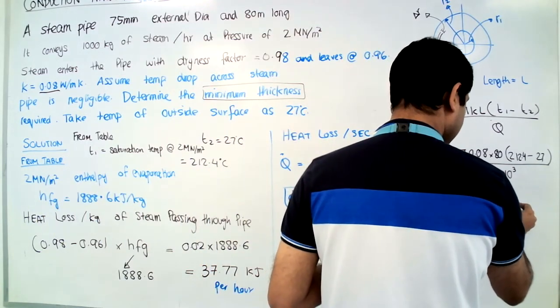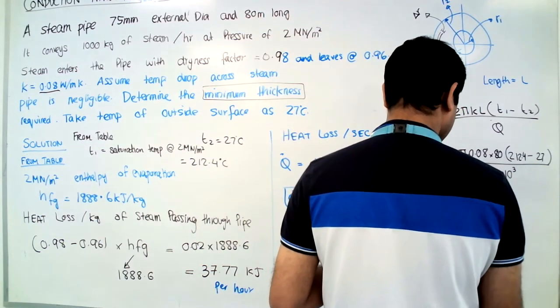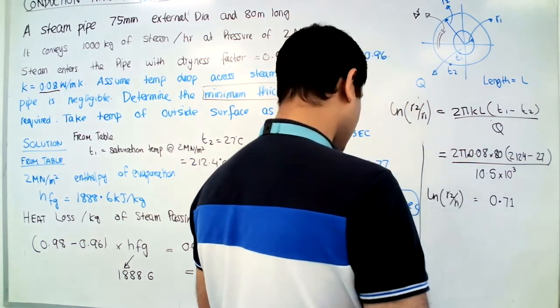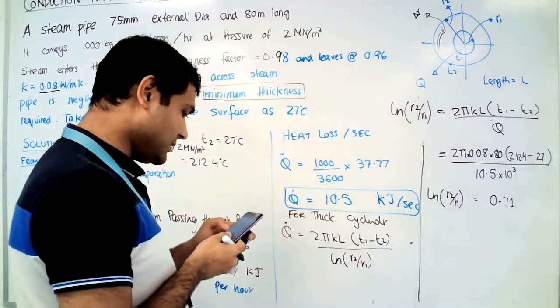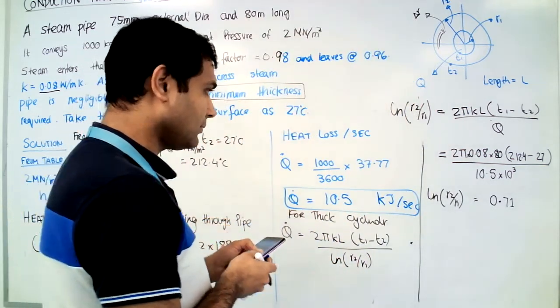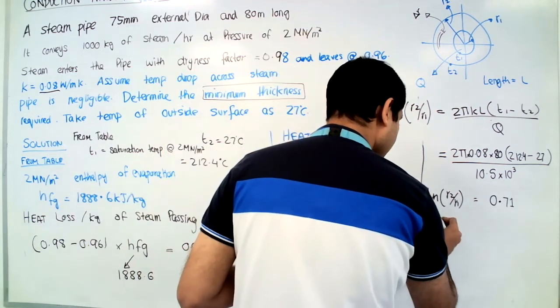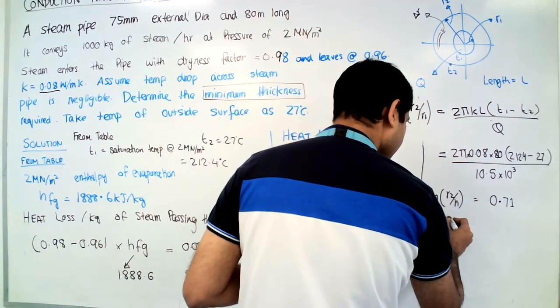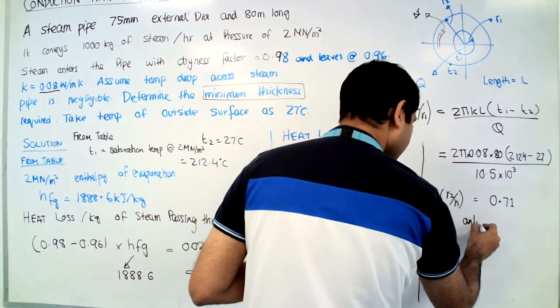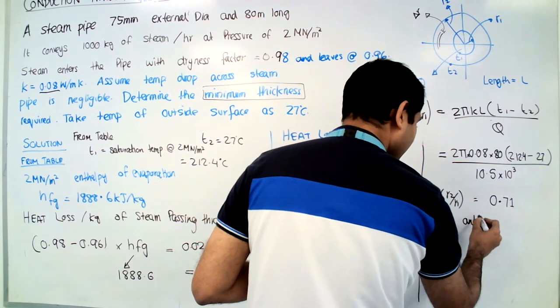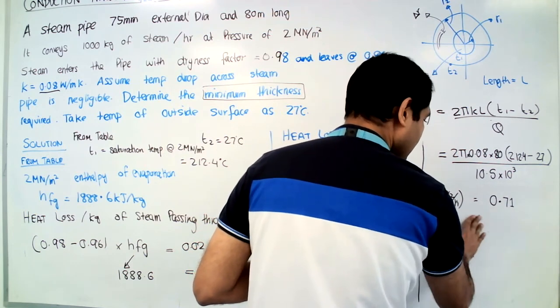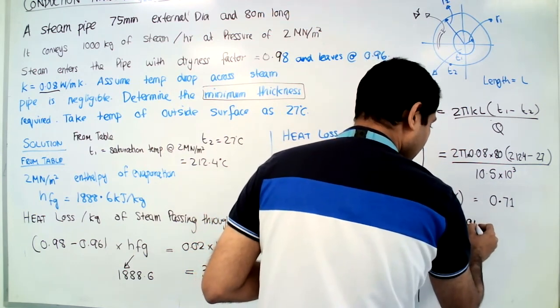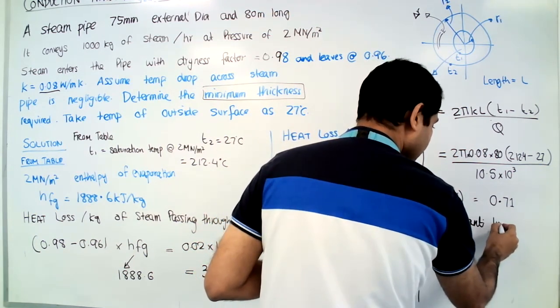Then you can take the anti-log, or anti-ln.